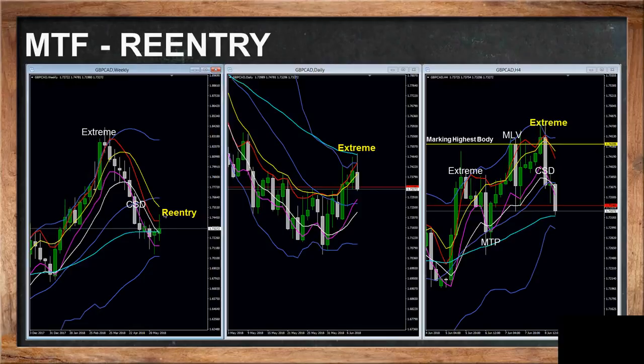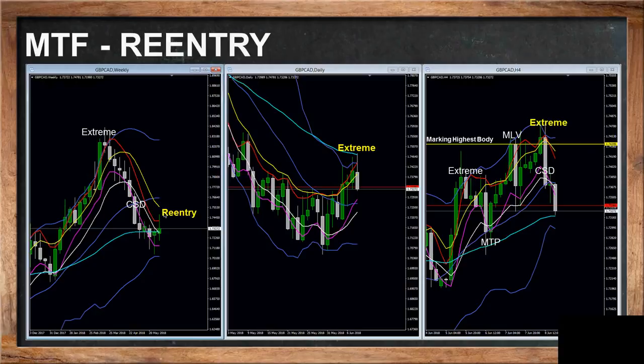During the retrace, we understand that this is a re-entry sell. However, in order to detect this re-entry sell, we need to identify what is happening on daily and obviously H4. So we need to identify two lower time frames to make sure that they are telling you the same thing as what weekly is telling.